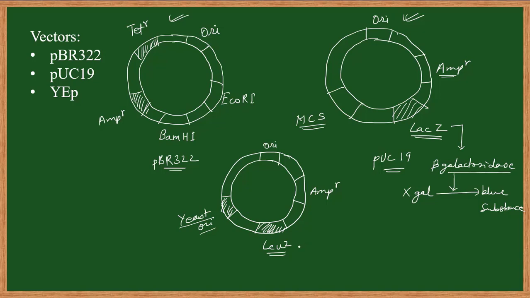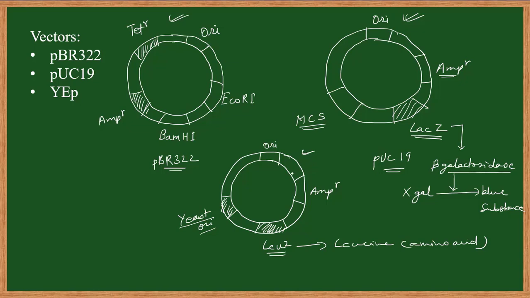What is the function of LEU2? LEU2 will form the amino acid leucine. So if the medium has a deficiency of leucine, then cells containing this type of vector will grow.